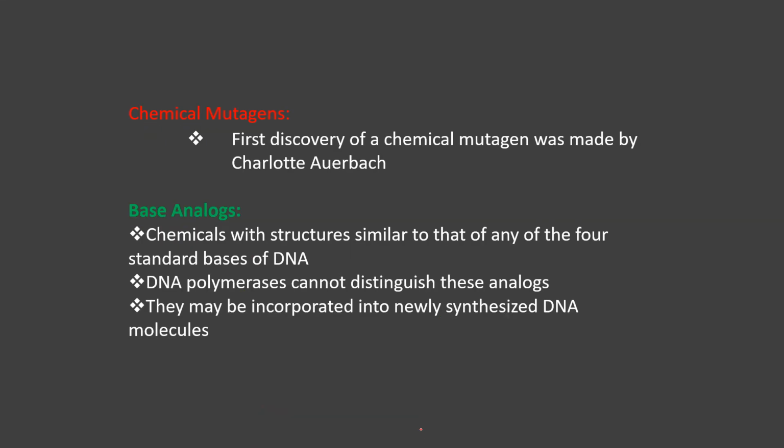It mentions here that the first discovery of a chemical mutagen was made by Charlotte Auerbach, right? The basic idea is chemicals with structures similar to that of the four bases interfere with the bases, and polymerize with the chemical when you're forming DNA.